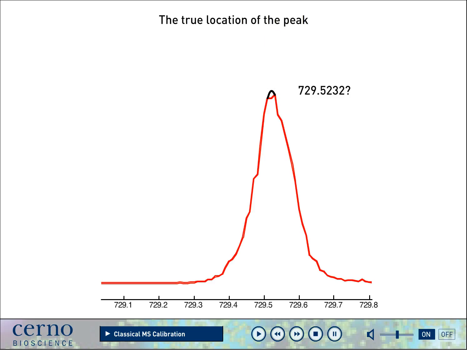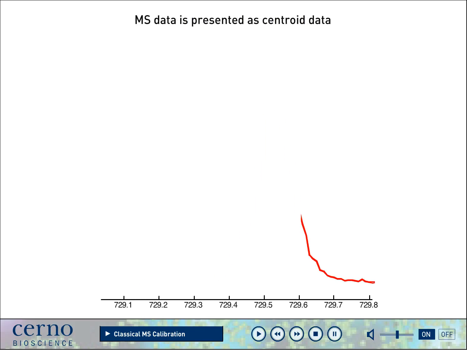Once the peak location is determined, the data is then shifted along the x-axis to its theoretical calibration location. In most instances, the profile data is then discarded along with any information they may contain, and the peak position is marked with the classic MS stick or centroid data.